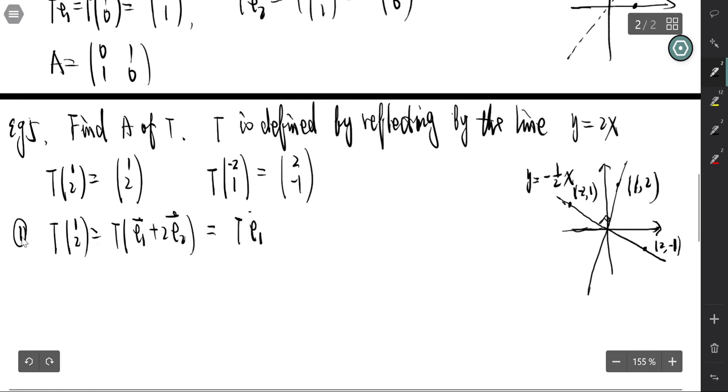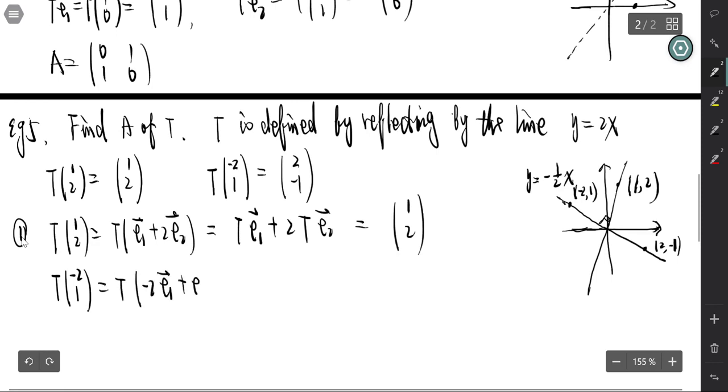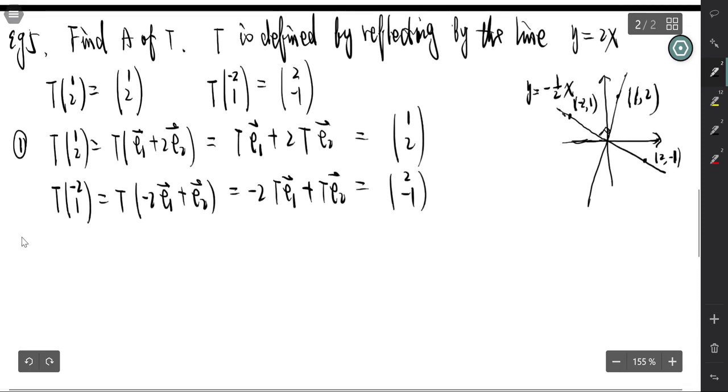By the definition of the linear transformation, it's TE1 plus 2 TE2 equals (1, 2). And T(-2, 1) equals T(-2 E1 plus E2), that is -2 TE1 plus TE2, that equals (2, -1). So we got two equations.